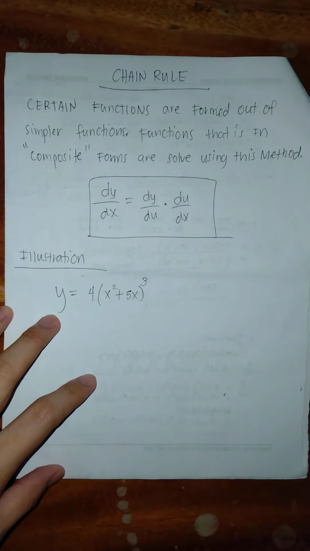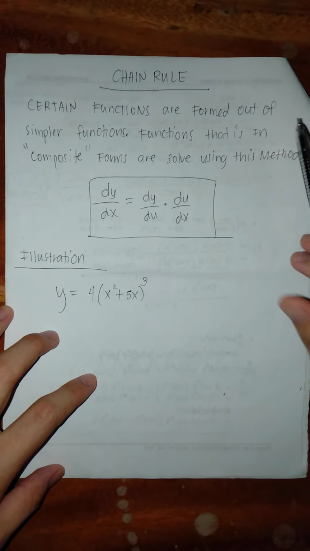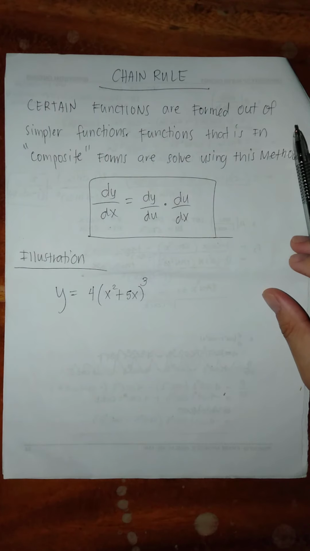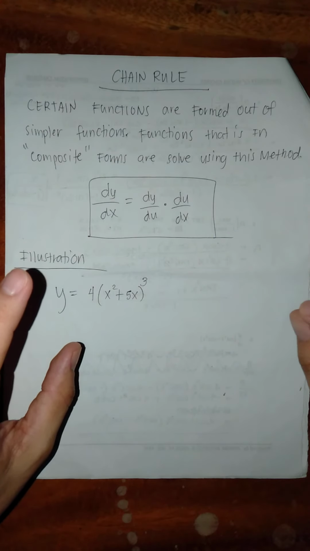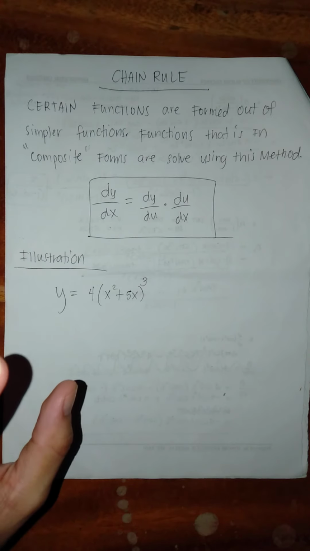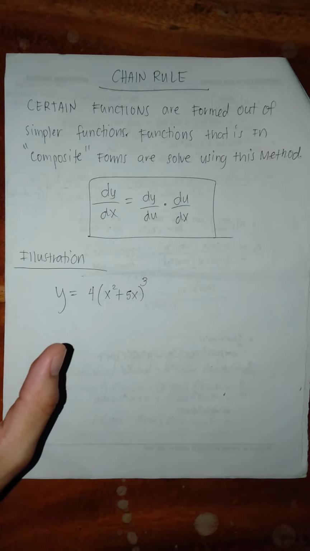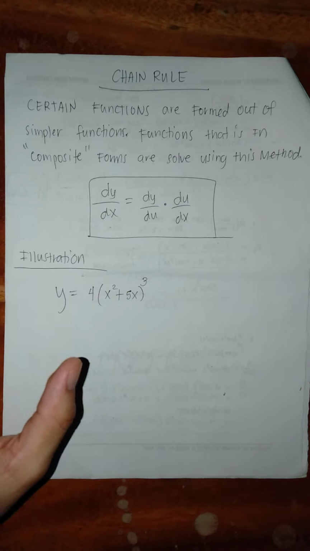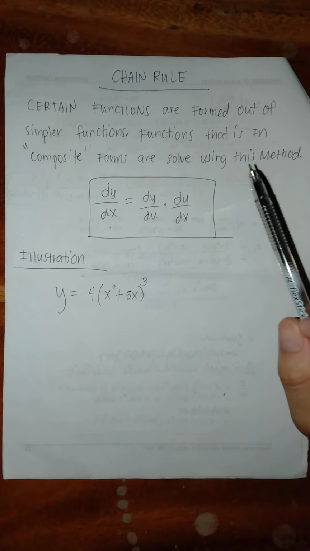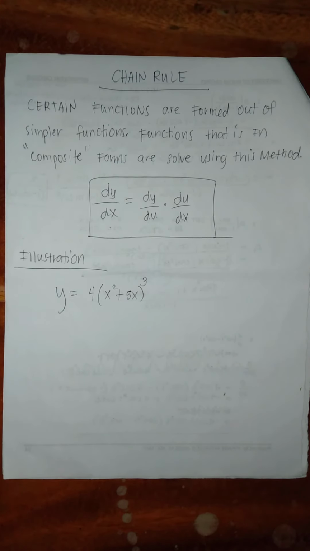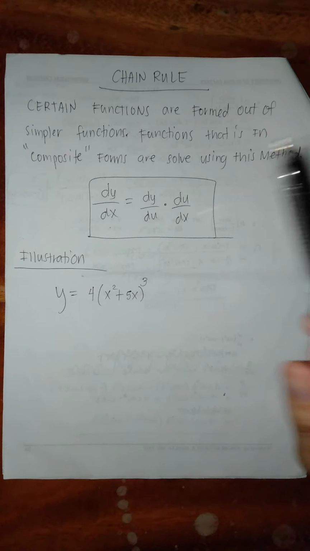If you remember our discussions about functions, if you have f of x, inadd mo sa g of x, magkakreate ka ng simpler functions. But you can also create composite functions, a function within a function. If you encounter those type of functions, hindi mo agad magagamit yung mga basic formulas. So, dito na-invento tong chain rule.